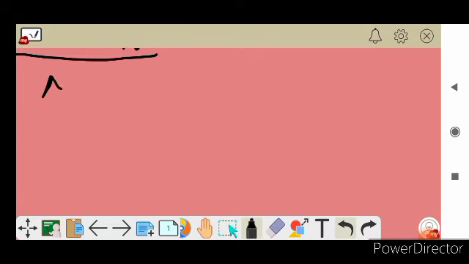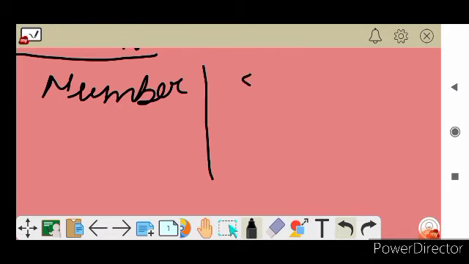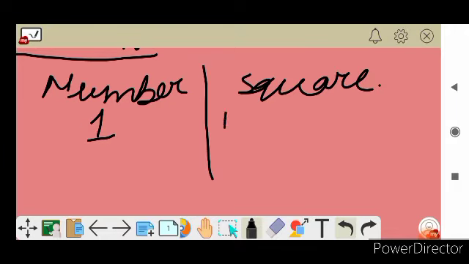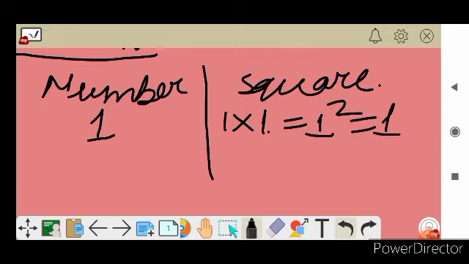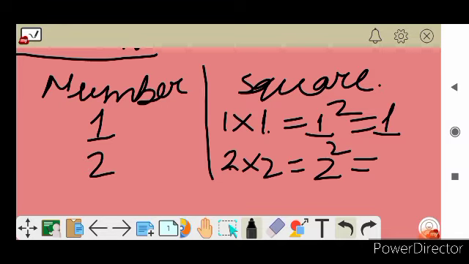Number is square. 1 multiply 1 equals 1 square, and 1 square is equal to 1. And 2 multiply 2 becomes 2 square, so 2 multiply 2 gives the answer 4.